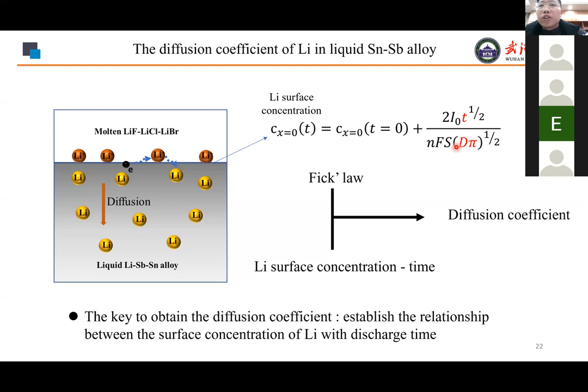However, during constant current electrolysis, we can only get the potential with time. So we want to build a bridge to connect the potential and the surface concentration.